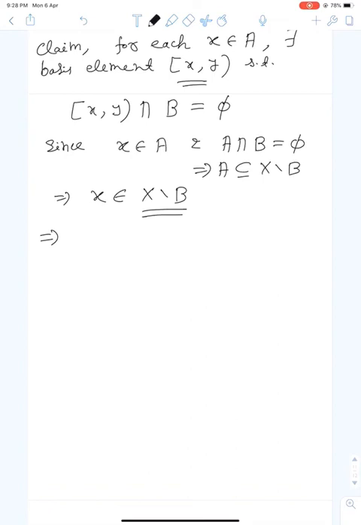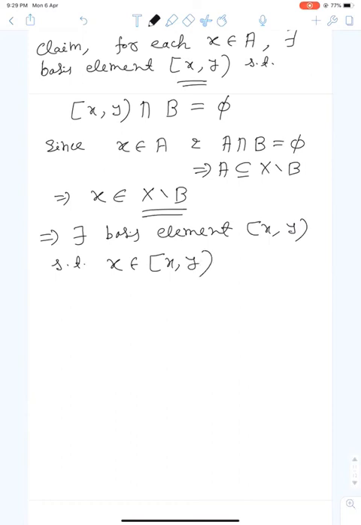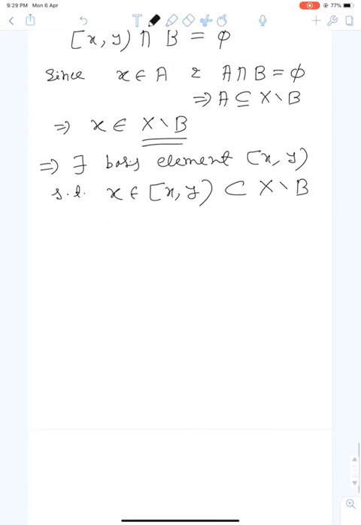That implies there exists a basis element, say [x, y), such that x belongs to [x, y) which is a subset of X minus B. Now that implies [x, y) intersect B is empty, right?